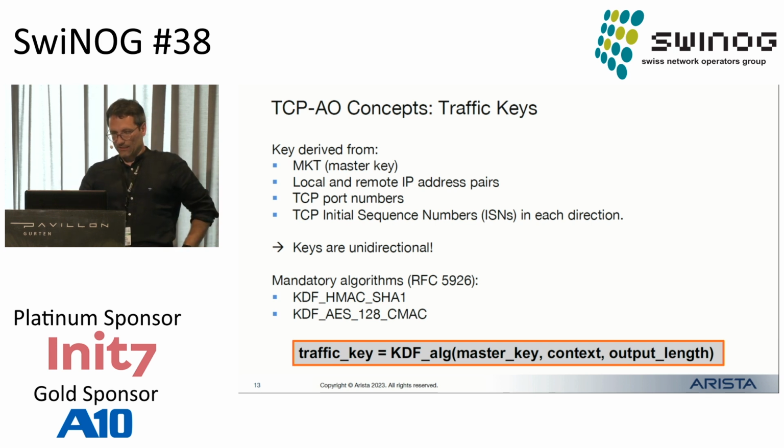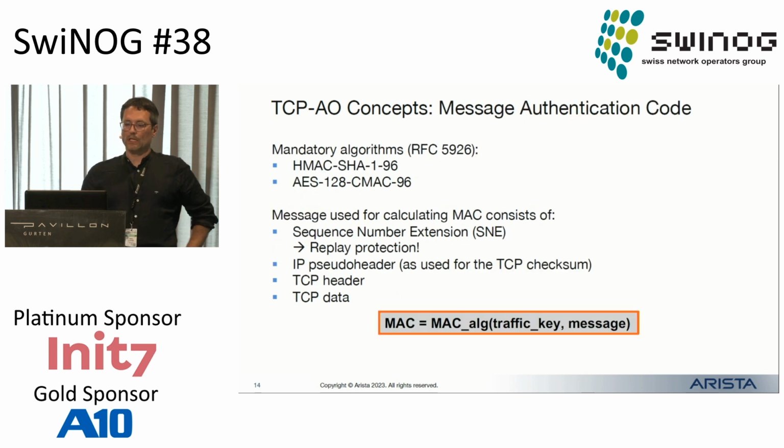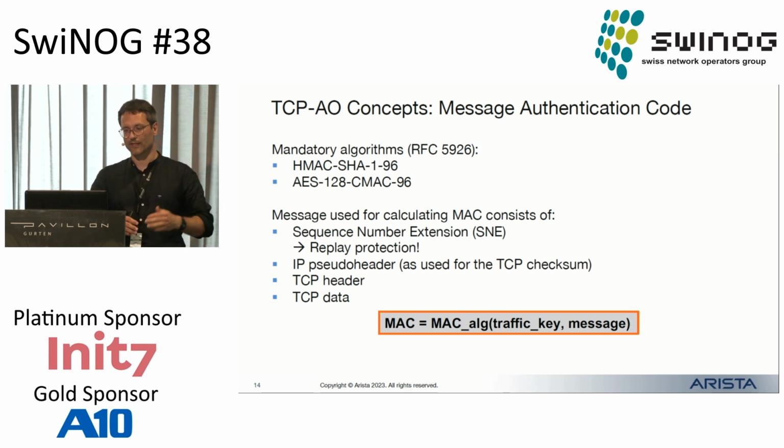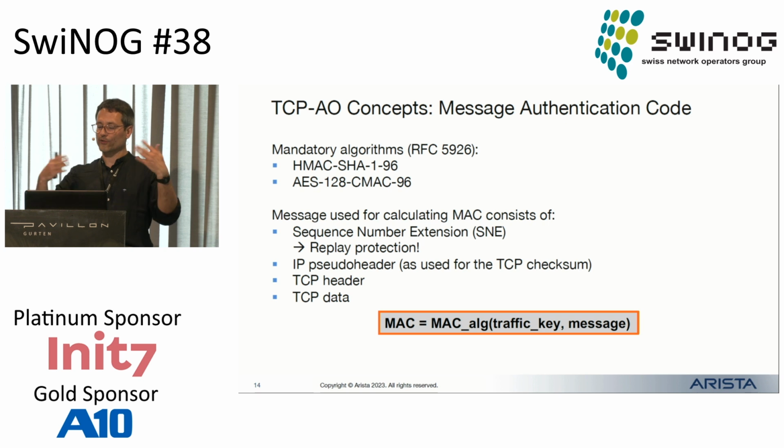And the second RFC I mentioned before mandates that we implement an HMAC based on SHA-1, and a second algorithm based on AES-128. Now we have all the keys and know how to generate and use them, but now we need to actually do something with them.